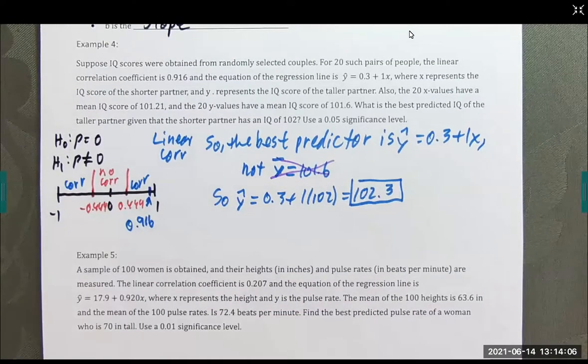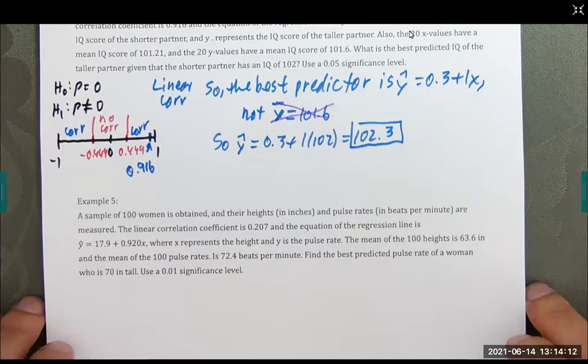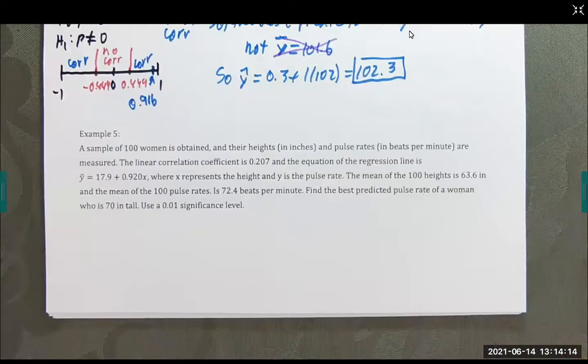Let's do another one. A sample of 100 women is obtained, and their heights in inches and pulse rates, beats per minute, are measured. The linear correlation coefficient is 0.207. And the equation of the regression line is y hat equals 17.9 plus 0.920x, where x represents the height and y is the pulse rate.